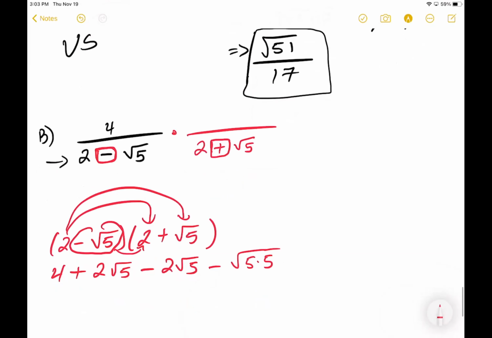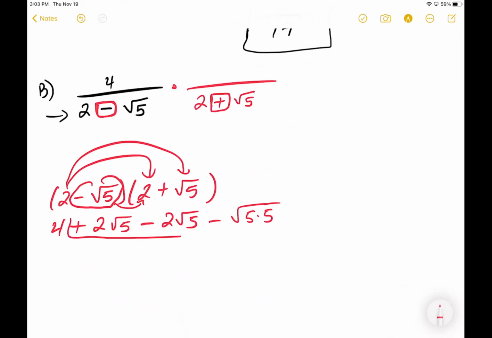As you can see, this is the idea, or the goal, of the conjugate. This is what you have left: 4 minus 5. And what is 4 minus 5? Well, 4 minus 5 gives you negative 1.